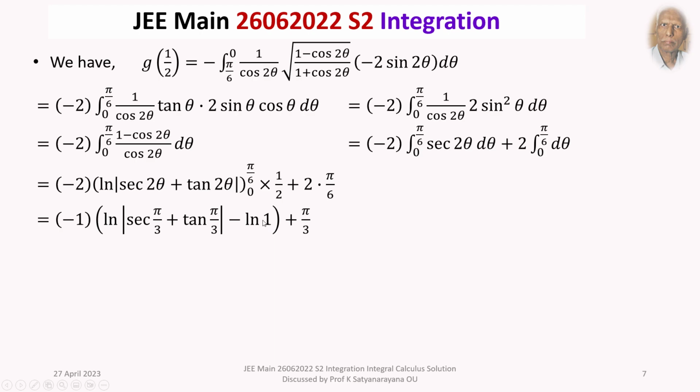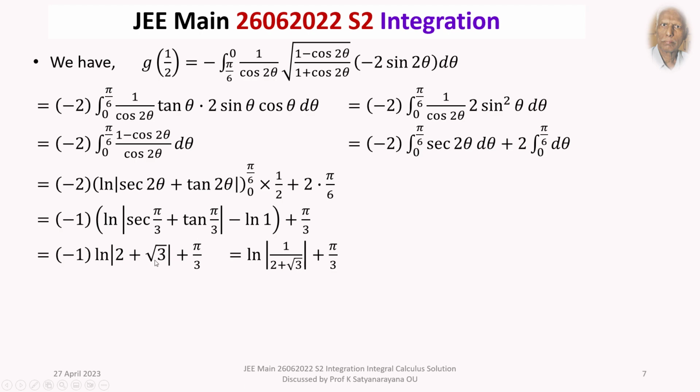So minus ln of 1 plus 2 into pi by 6 is pi by 3. So ln of 1 is 0. And this will be equal to minus 1 into logarithm ln of mod of secant pi by 3, which is 1 by cos pi by 3, that is 2. So 1 by 1 by 2, that is 2, plus tan pi by 3 is root 3.